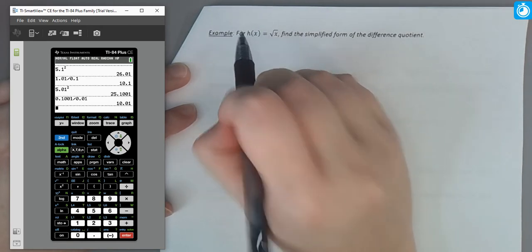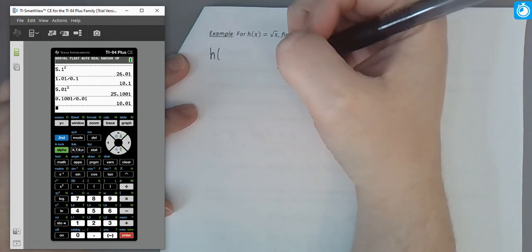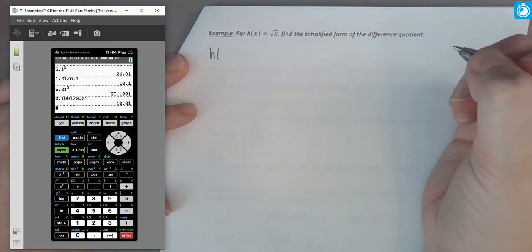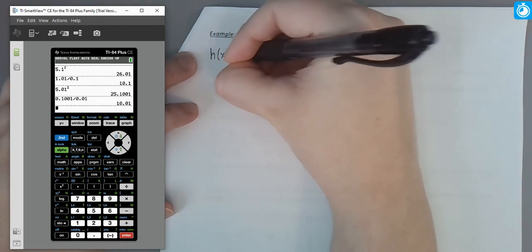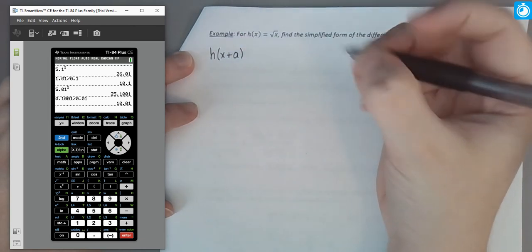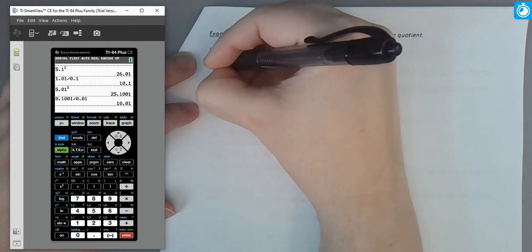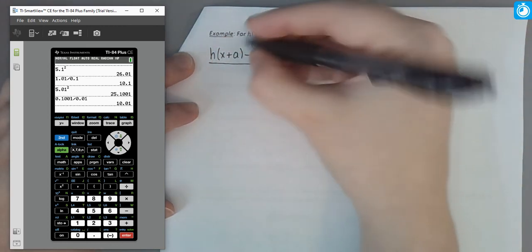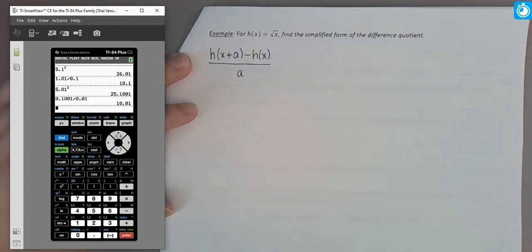So in terms of the function h, the difference quotient is going to be h of, then it's going to have to be x plus h, which is not ideal. So let's call it something different for just a moment. Let's call it maybe x plus a, something like that, just so we don't get confused there. Minus h of x divided by, remember we're not calling it h anymore, we're going to call it a, just temporarily. And we can change back to another notation at the end if we want, or we can just leave it.